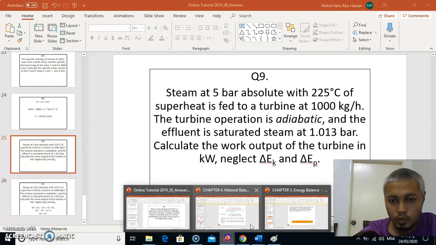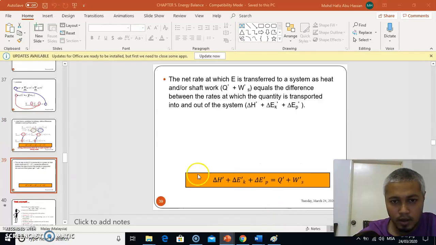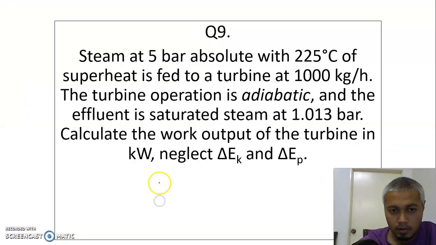Before that, let's go to the previous lecture notes where we have the energy balance for open system: delta H plus delta EK plus delta EP equals Q plus WS. Draw the flowchart first.